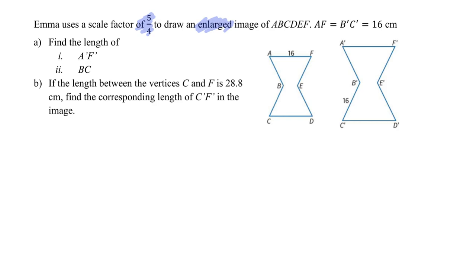So AF is 16 cm. Find the length of A apostrophe, F apostrophe. So this one I will just highlight it in green. We will then need to find this.